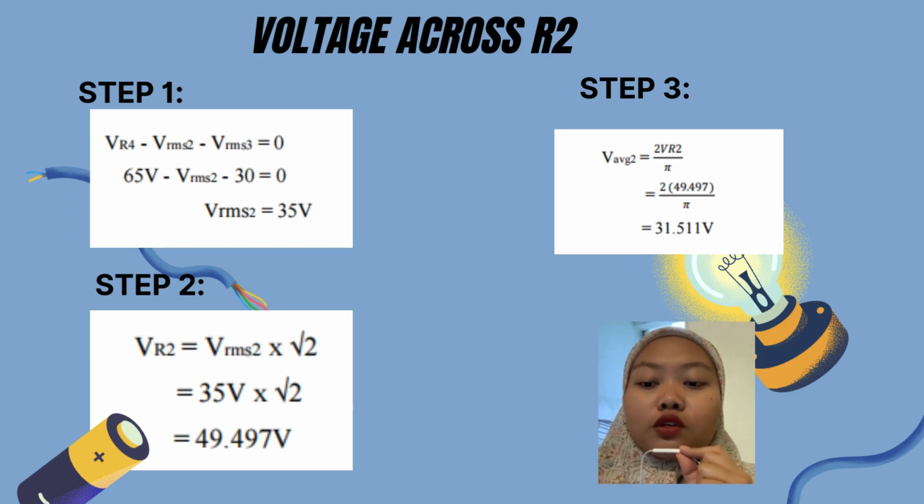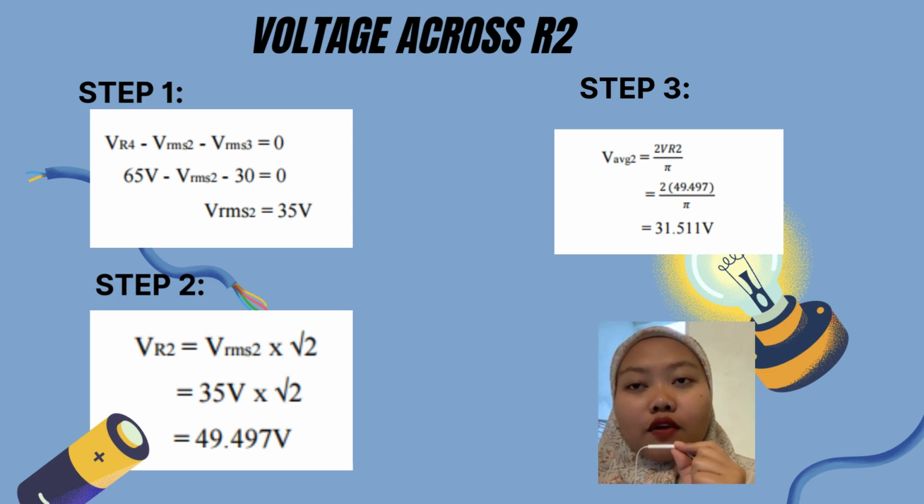So we use the formula of VRMS equal Vpeak over square root of 2. Because we do not have the value of Vpeak, we rearrange the formula like before: VR2 equal to VRMS2 times square root of 2, and we got VR2 equal 49.497 volts.